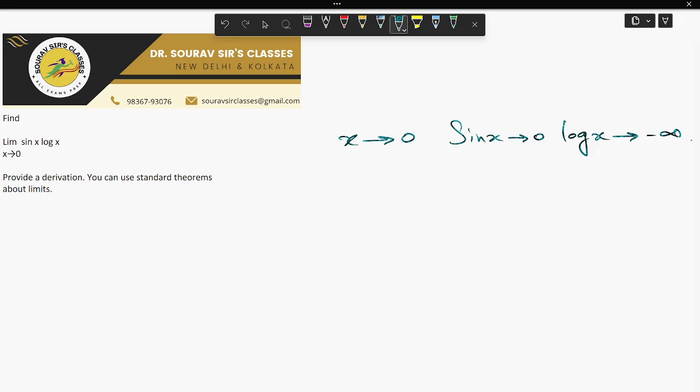So thus the limit as x tends to 0 of sin x log x is of indeterminate form 0 into minus infinity.